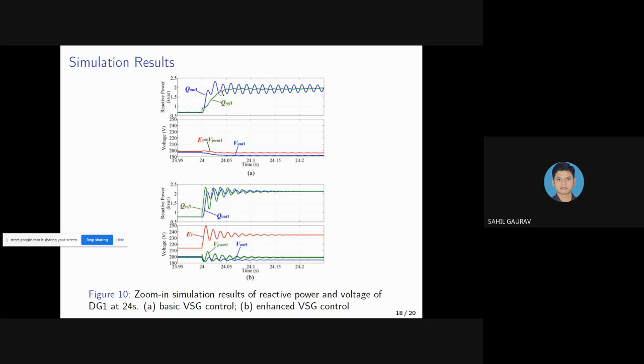This is the key difference. Here we get high oscillations in the output reactive power. And here we can see that the reactive power set by the inverter control is damping out, and subsequently we get damped reactive power at the output.